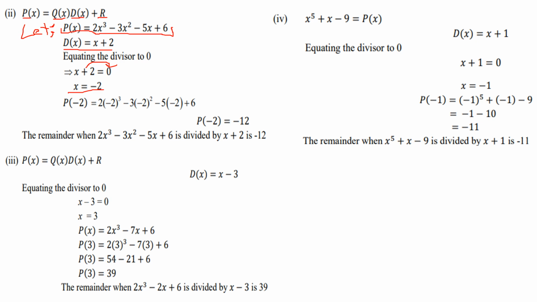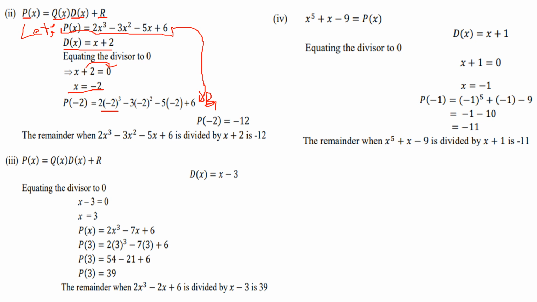And then what you need to do after making x the subject is substitution into your polynomial function of x. Now when you substitute for x equals negative 2, whatever you get is called the remainder. So when we substitute for negative 2 in this expression, I've told you always use brackets in substitution, and we always award the bonus mark for that.